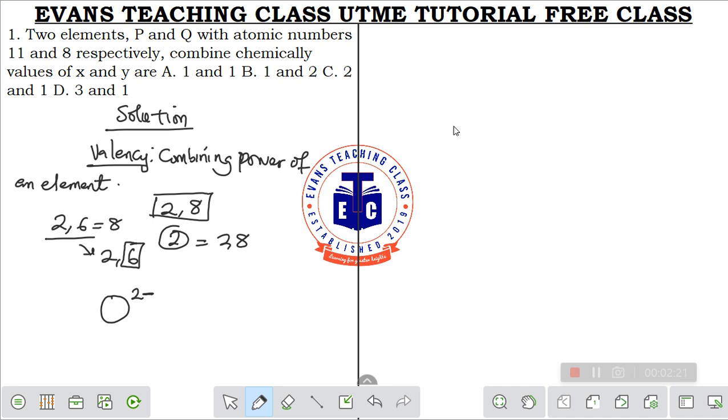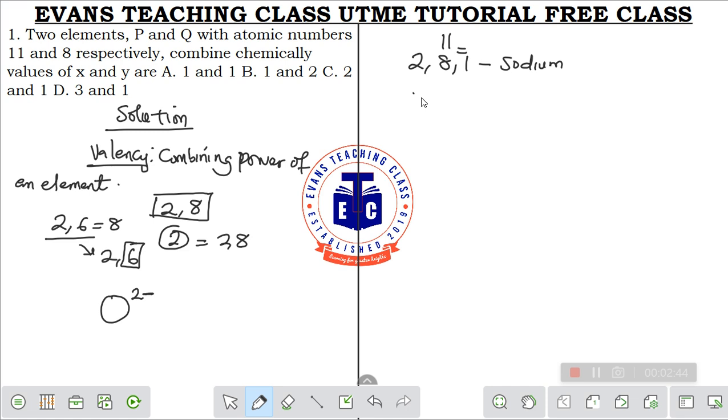But with some elements, look at this. This is sodium, and the atomic number of sodium is 11. I'm going to teach this in the paid class.